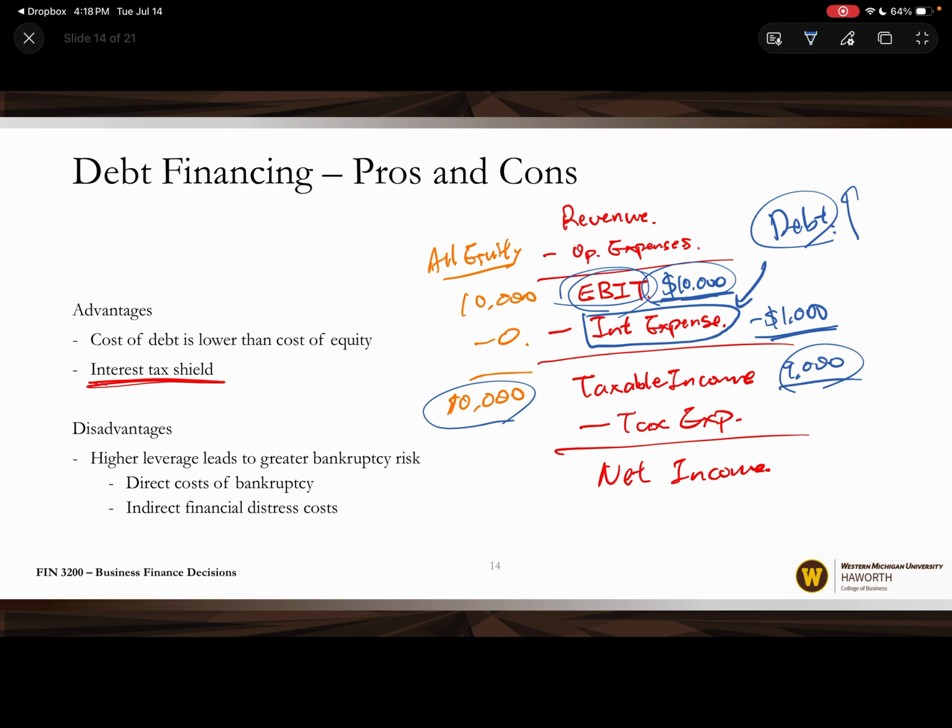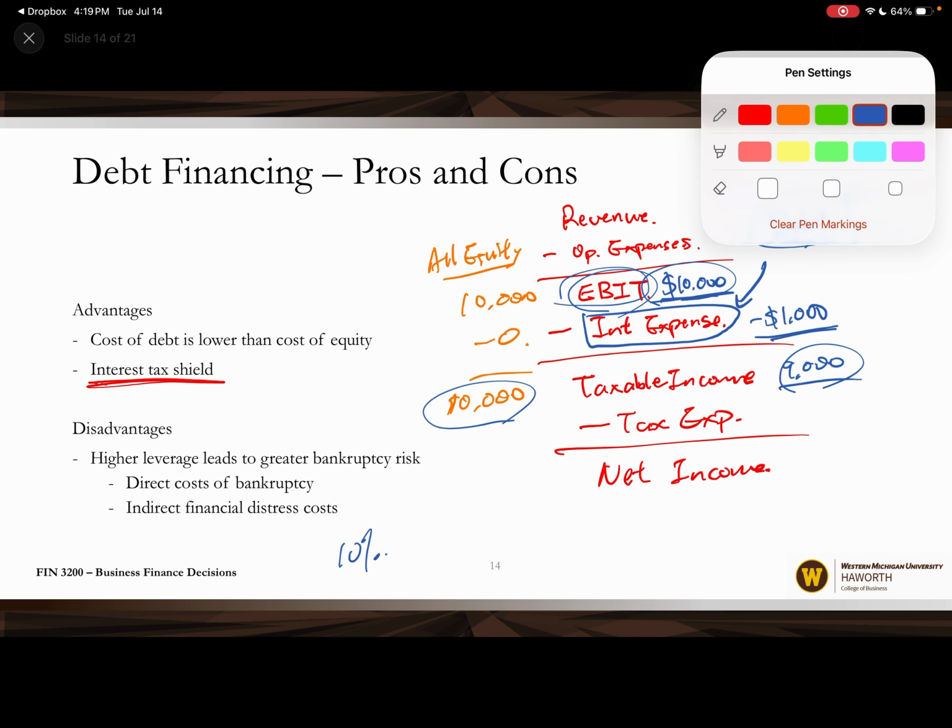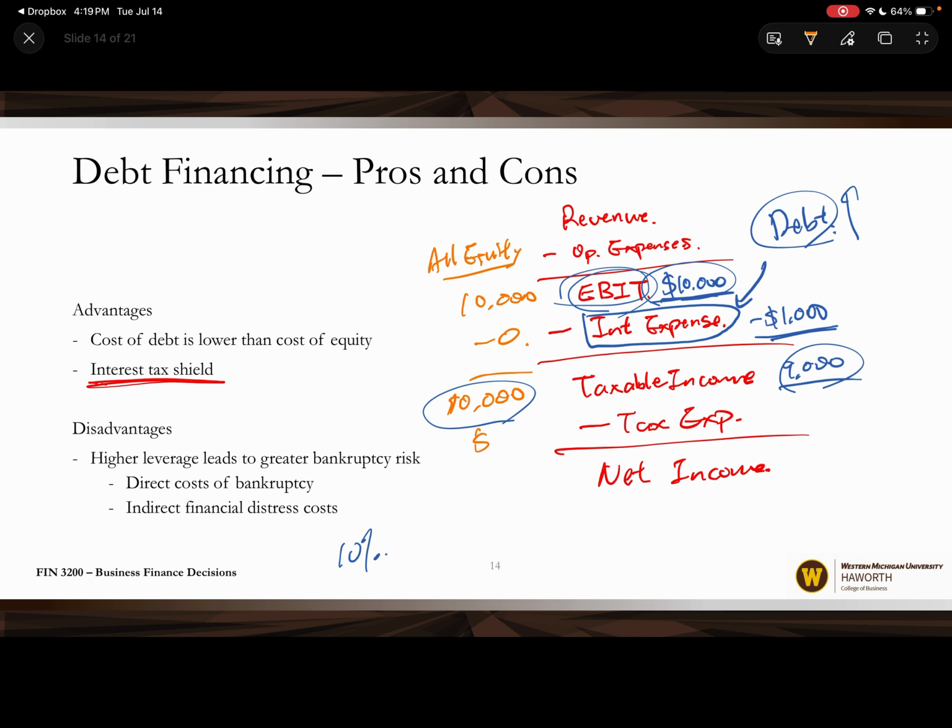So let's say the tax rate is 10%, then all equity firm must pay $1,000 in tax, whereas this levered firm, the firm that uses debt, has to pay only $900 in tax expense. So having debt, having interest payment lowers the taxable income and lowers the tax expense.